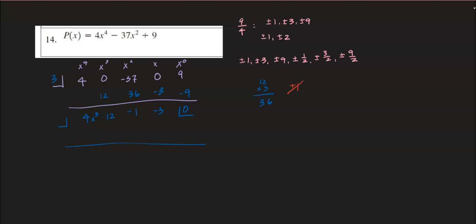We could try 9. 9, 4, 36. No, that's going to be too big. Let's try negative 1. 4, negative 4, 8, negative 8, negative 9. Erase that.